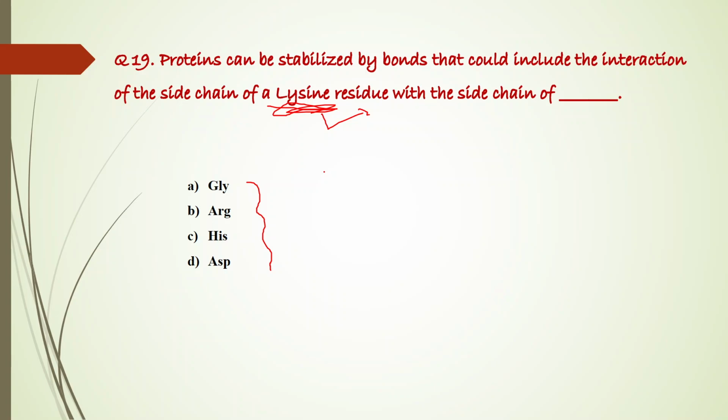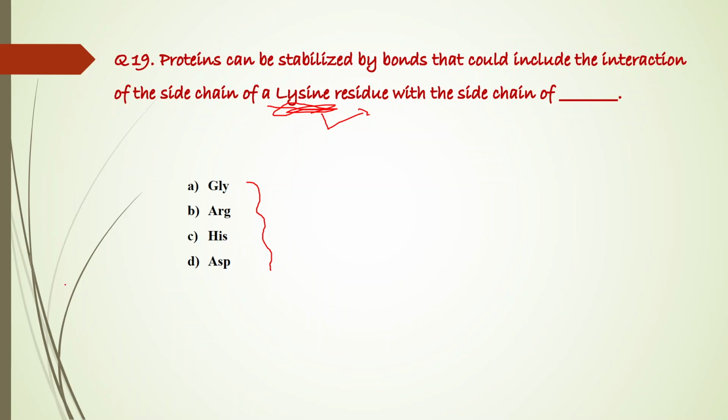If you have to stabilize a protein that has lysine residues, then the lysine is positively charged, as the side group is NH2. To stabilize it, you have to give some amino acid with acidic residues, right?